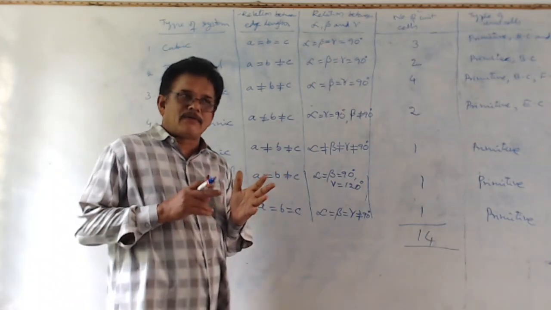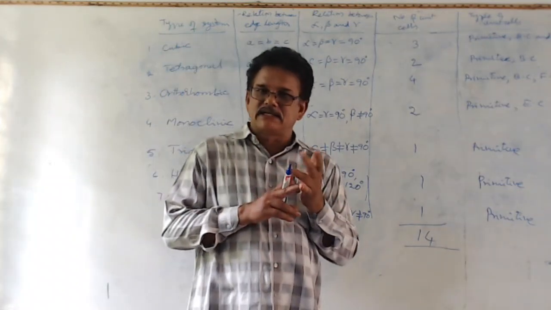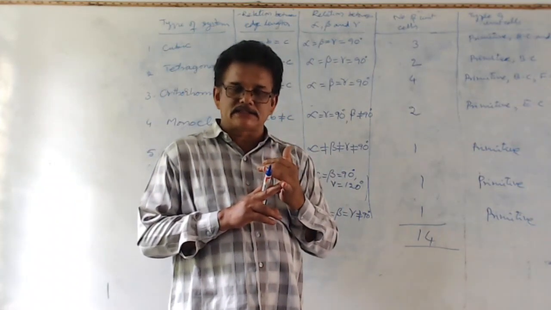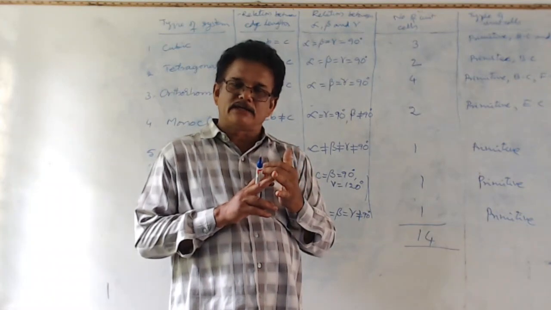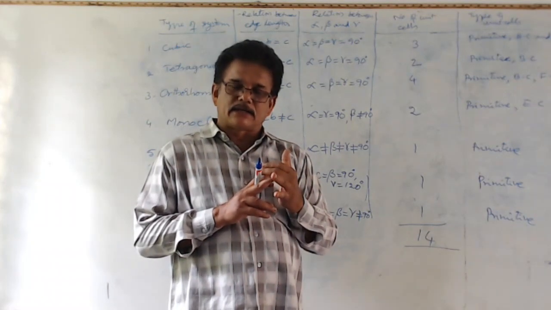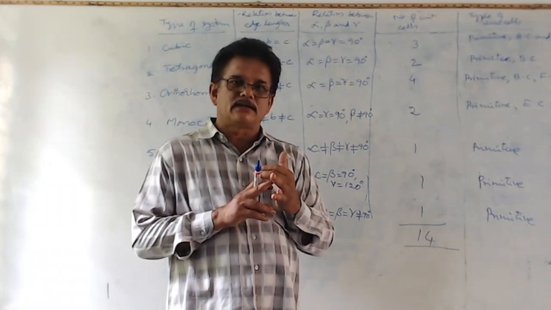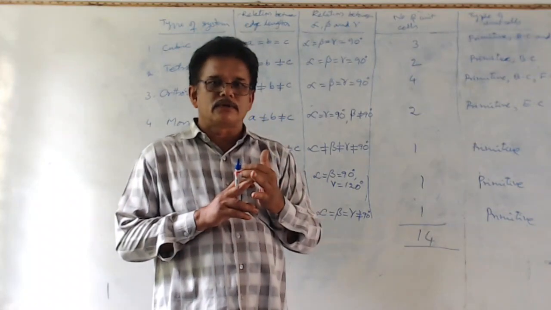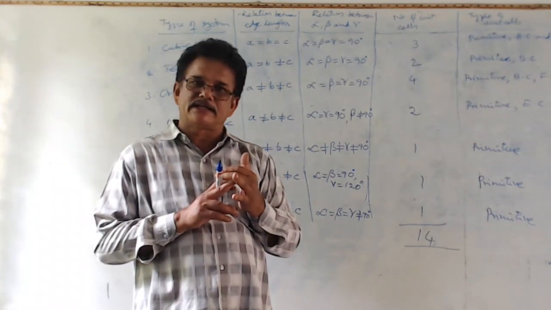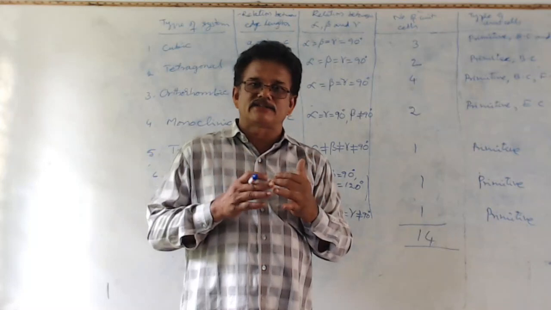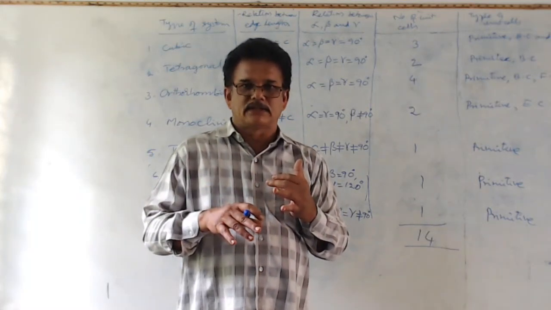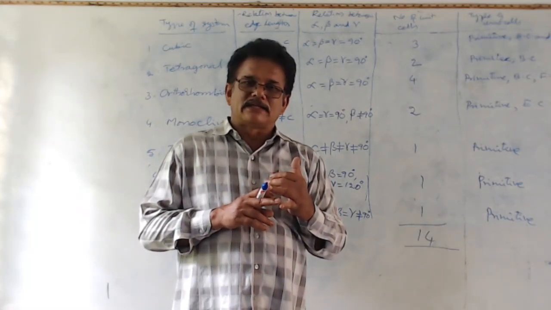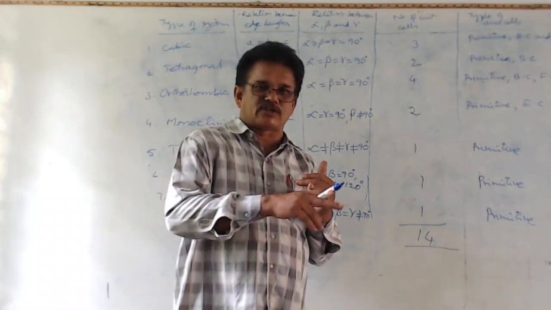So in our today's class, we discussed the definition of crystal lattice, definition of lattice point, and unit cell. What is a unit cell? It is the smallest portion of a crystal lattice which repeats in all the 3 directions to form the entire crystal lattice. And one more thing is, the shape of the unit cell is the shape of the crystal lattice.